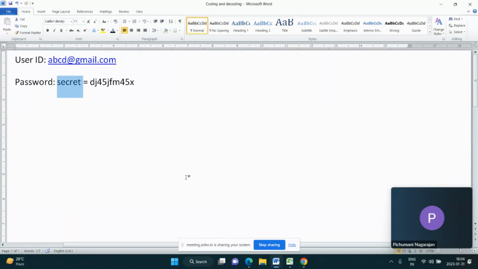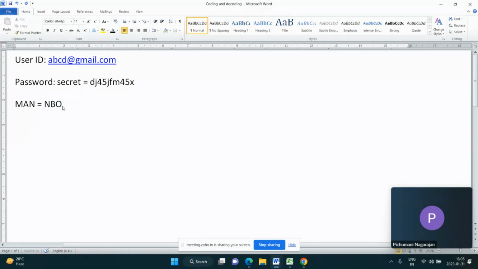So for example, how this coding works, I want to code the word MAN. I don't want others to know that I have entered MAN. I am coding this in a form that is NBO. I am actually saving this MAN as NBO.